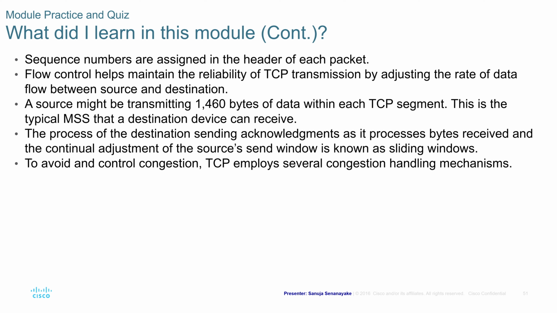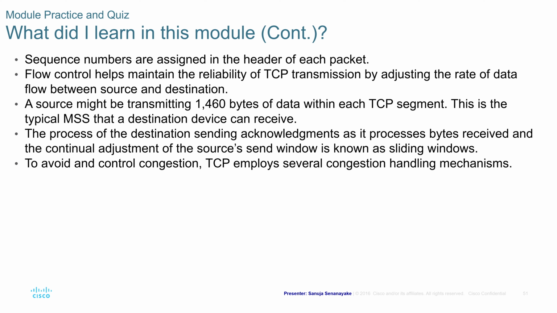Flow control helps maintain the reliability of TCP transmission by adjusting the rate of data flow between source and destination. Remember, this is one of the key features of TCP as opposed to UDP. It has the ability to adjust the rate of data flow between the source and destination. A source might be transmitting 1460 bytes of data within each TCP segment. This is the typical MSS that a destination device can receive.